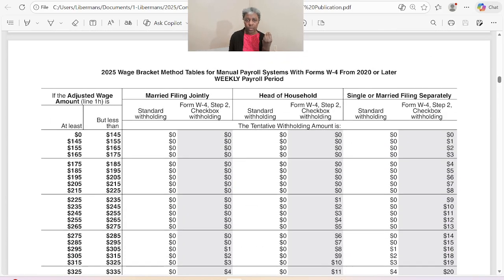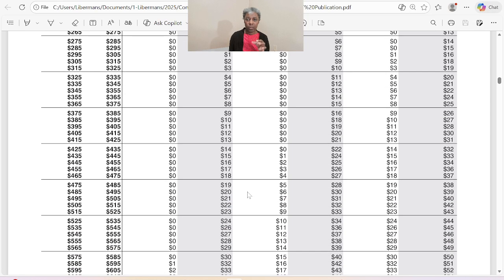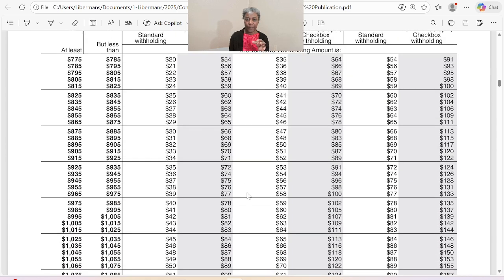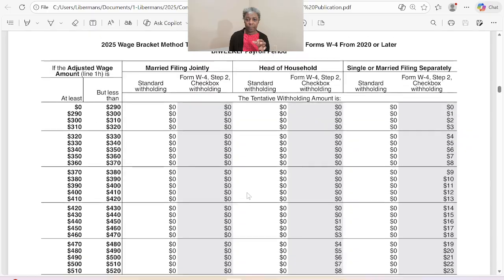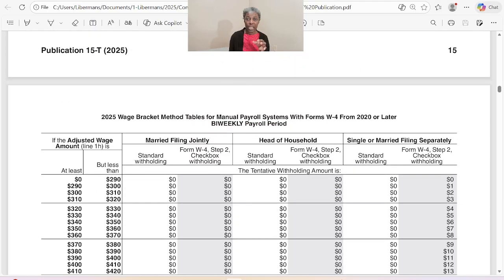That means you give a W-4 to your staff members for them to complete, and you use that to determine, based on how often you pay them, where you should be looking, because they have weekly and they have bi-weekly.